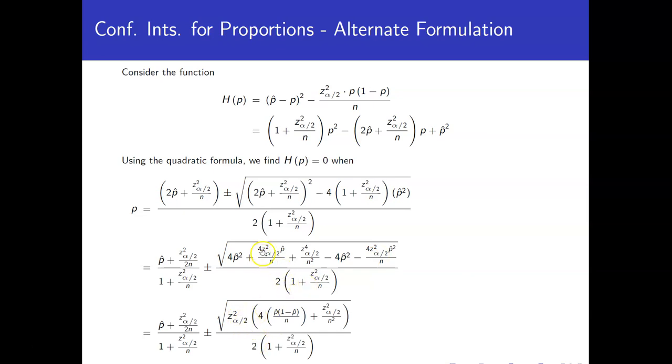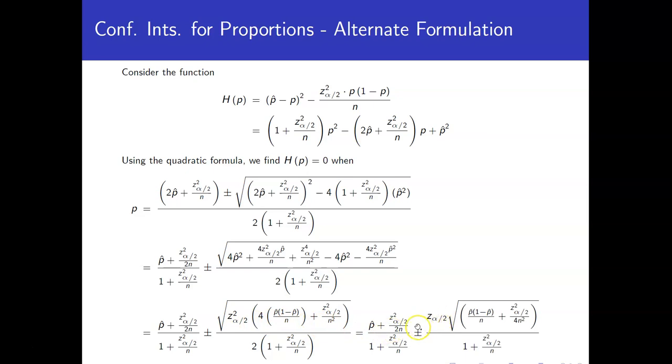Also notice that the first and second terms and the last term have a 4 and a p hat in them. So if I factor out the 4, I can write it as p hat times (1 minus p hat) over n for that first part. And then the z to the 4th alpha over 2 becomes a z squared because we've already factored out a z squared. So the square root of z squared, of course, is just z.